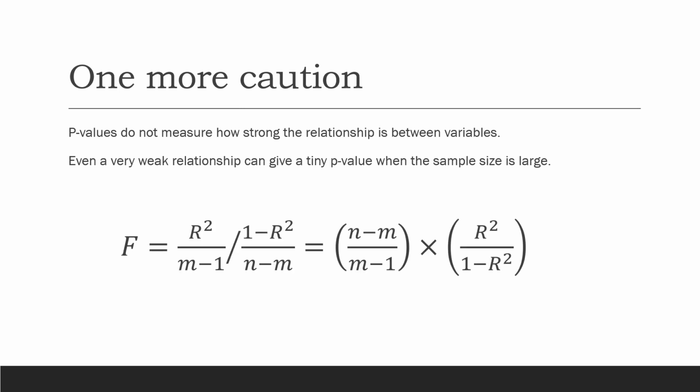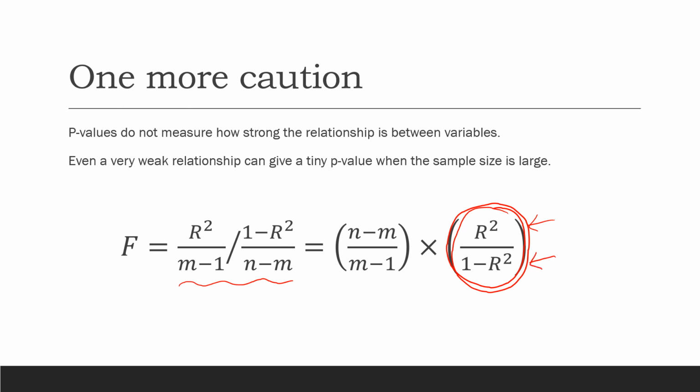So we saw that our F test statistic could be written as the ratio of r squared over m minus 1, divided by 1 minus r squared over n minus m. If I do a little algebra, I can break this into two pieces. This part here is focusing on how much variability is explained divided by the proportion that's unexplained.